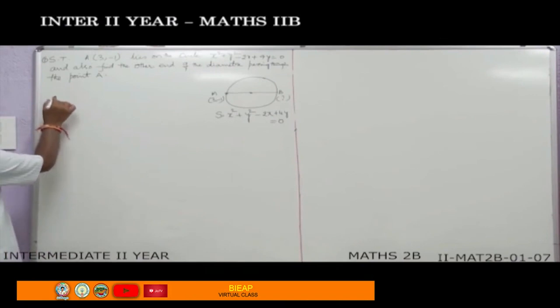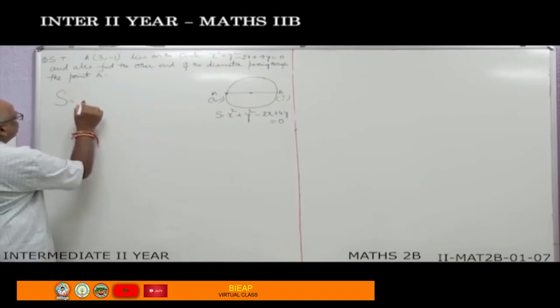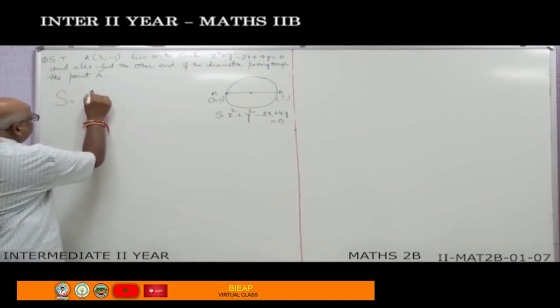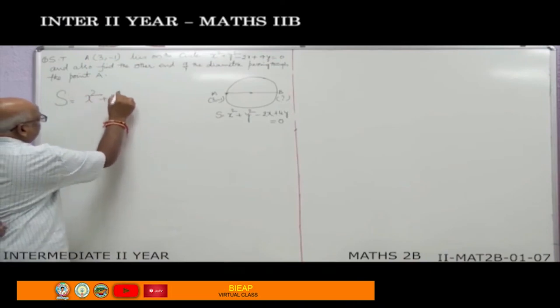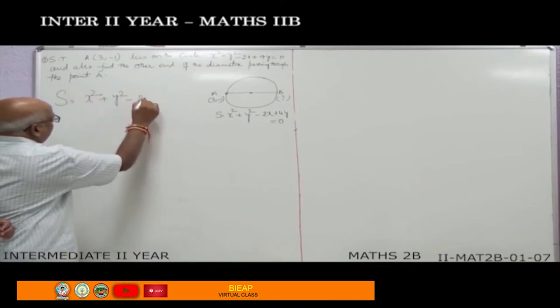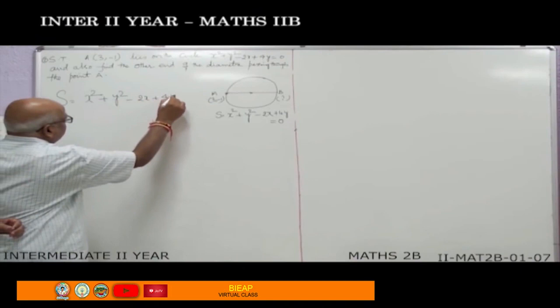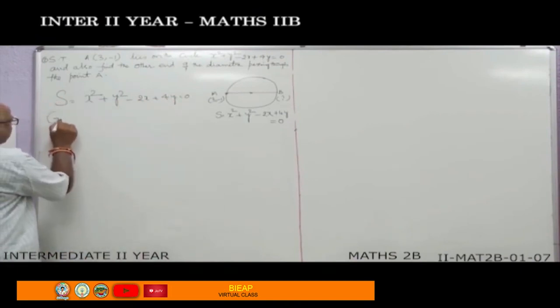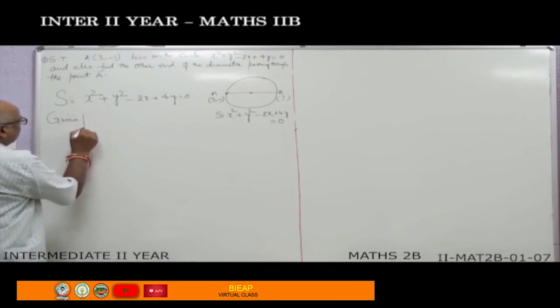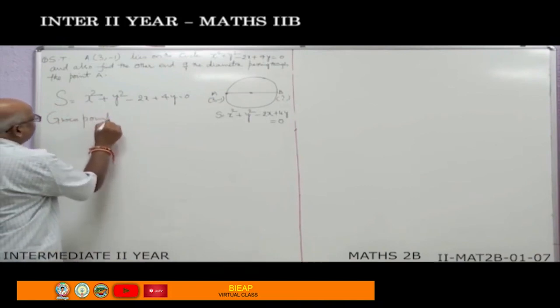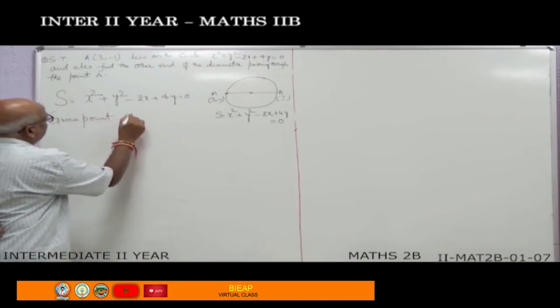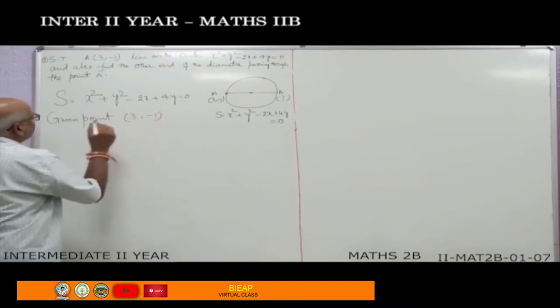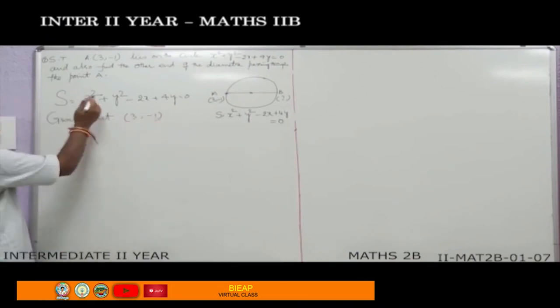So first of all, write down the equation of the circle given. What is the given circle equation, sir? x square plus y square minus 2x plus 4y equal to 0. Given point: what is the given point? (3, -1). We have to show the point lies on the circle.